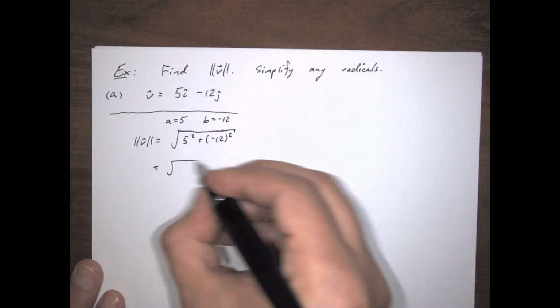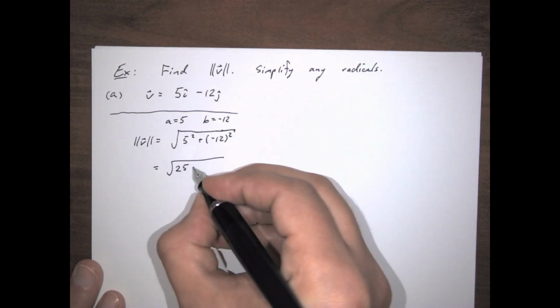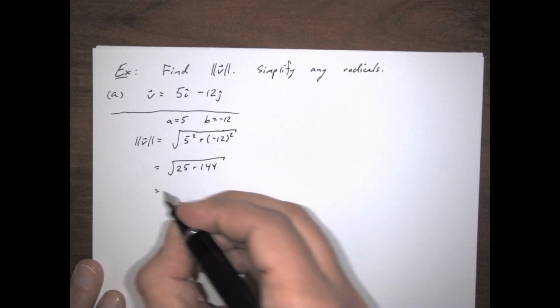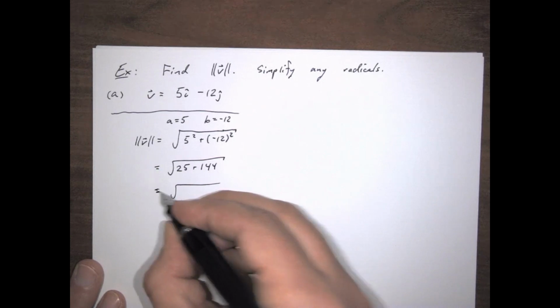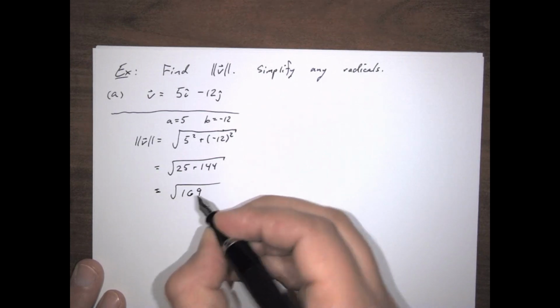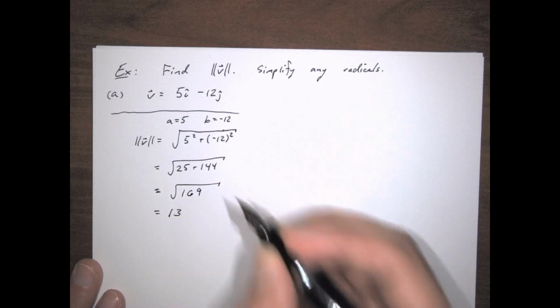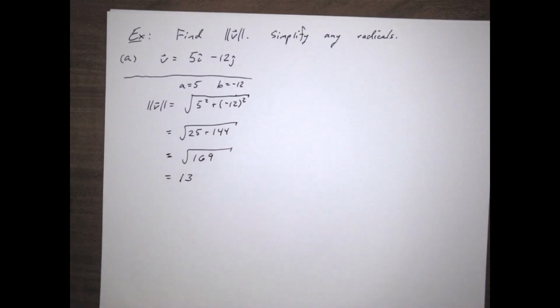And that's going to be the square root of 25 plus 144, which is the square root of 169, which, as it turns out, happens to just equal 13. It's a perfect square. By now, hopefully you've seen it enough times with a 5, 12, 13 triangle that you recognize it. Sometimes it'll come out in a nice perfect form like this, sometimes it won't.